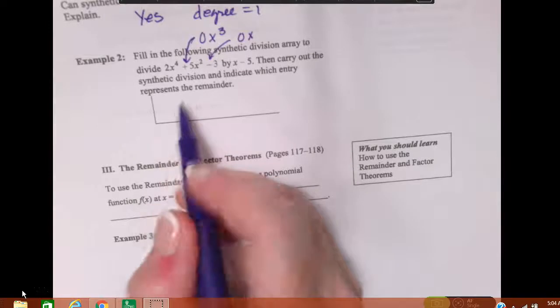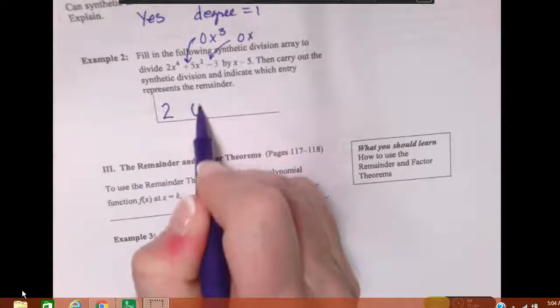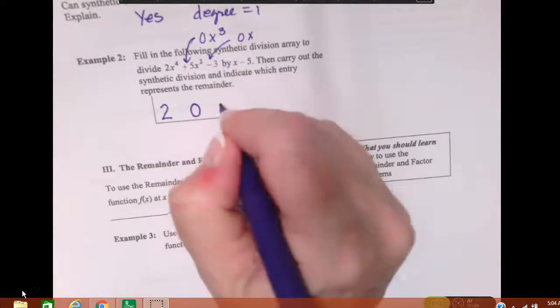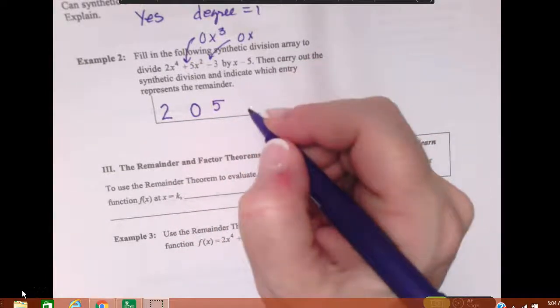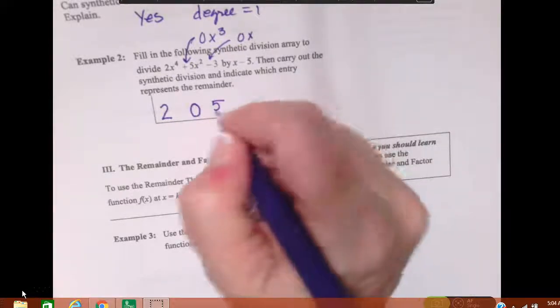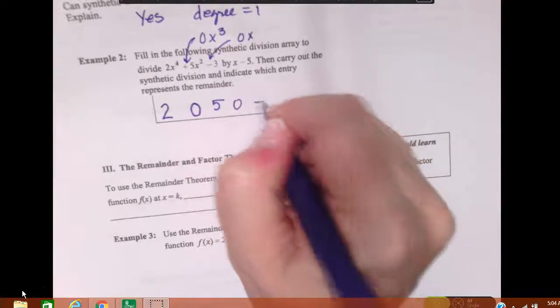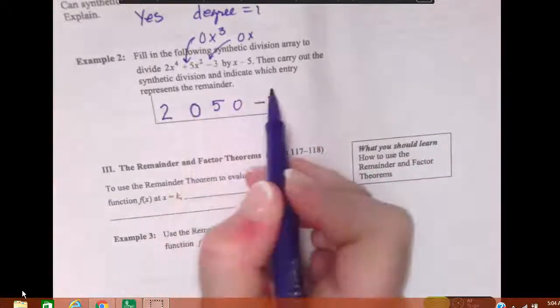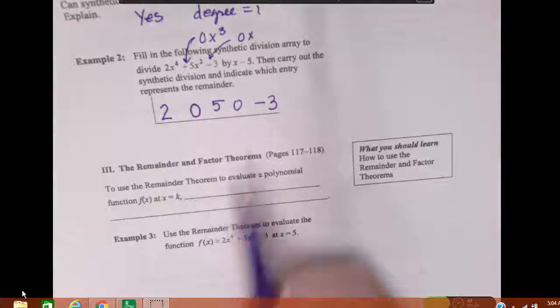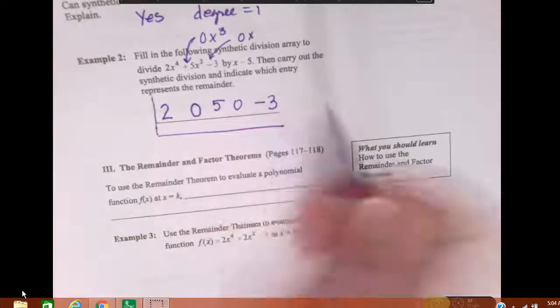So the coefficients are 2, 0, 5, 0, negative 3. I should have written that small, and then I would leave myself some room to subtract. So I just need to extend my bar here a little bit.